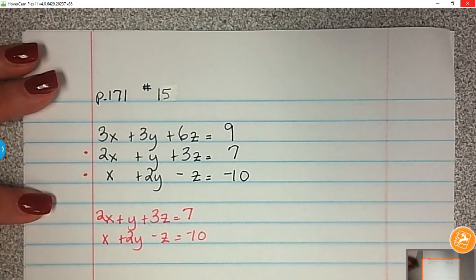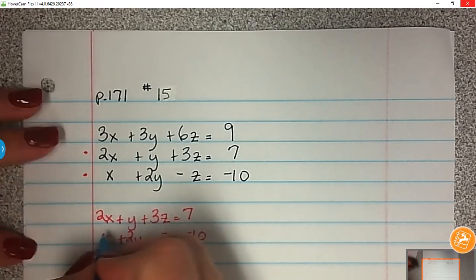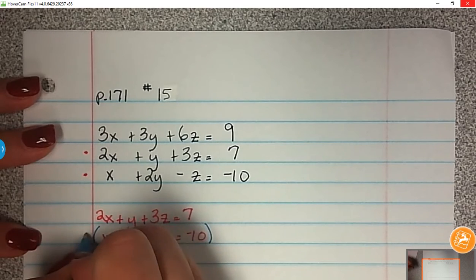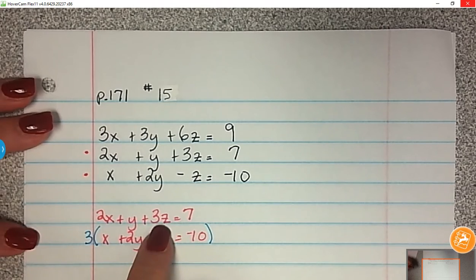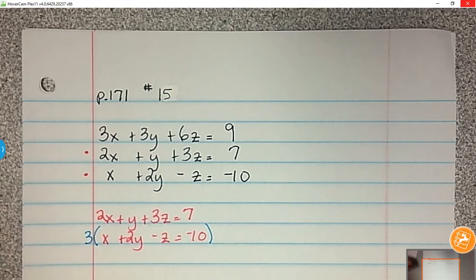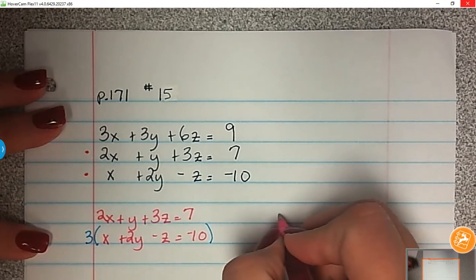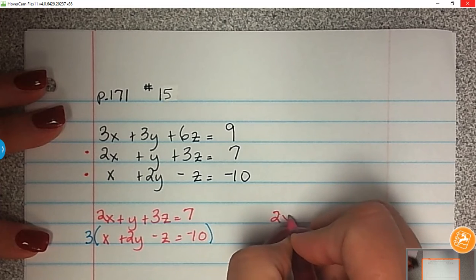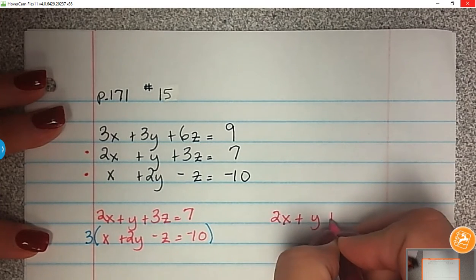And I want to take this bottom equation and multiply it by 3. So I'll have a positive 3z here and a negative 3z here. So my new equations will look like this.